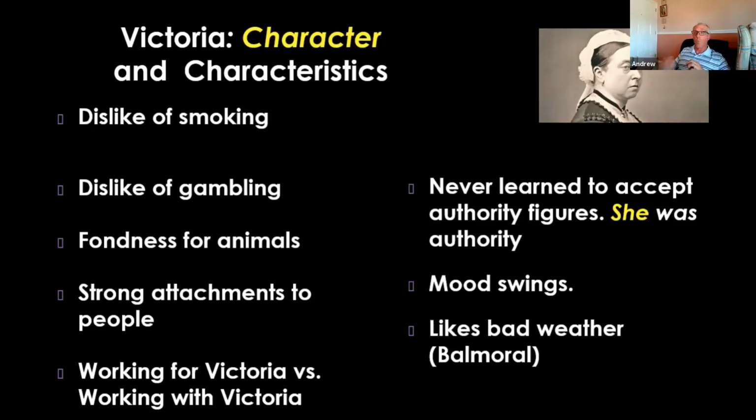Well, she did not want to lose the ladies in waiting that she had with Lord Melbourne. These were liberal women. She didn't want to lose them, so she refused to allow them to leave. It caused a huge scandal because the incoming Tory conservative prime minister wanted the conservative women to be the ladies in waiting, and Victoria put her foot down and said no. Well, essentially, she had to give in. She lost ground on that one. But yes, he was a huge influence.